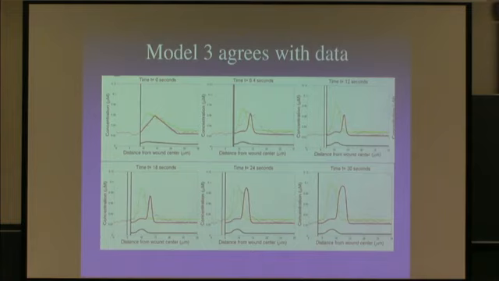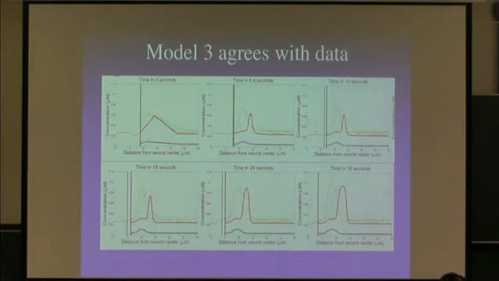Namely, if you look at some initial distribution at some time after wounding, as it's seen in the experiment, then you see that gradually these zones, green here is the Rho zone, red is the CDC42 zone, this is distance away from the wound center, and they will segregate and form these two bands.